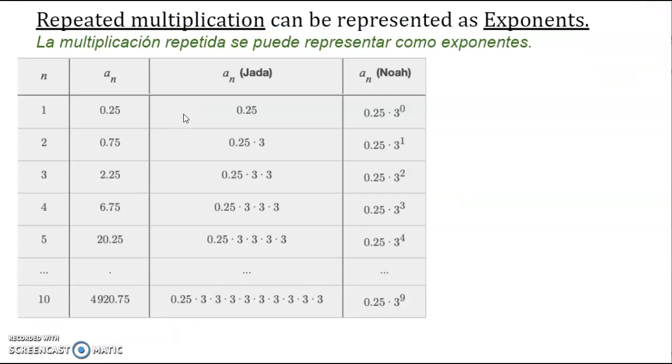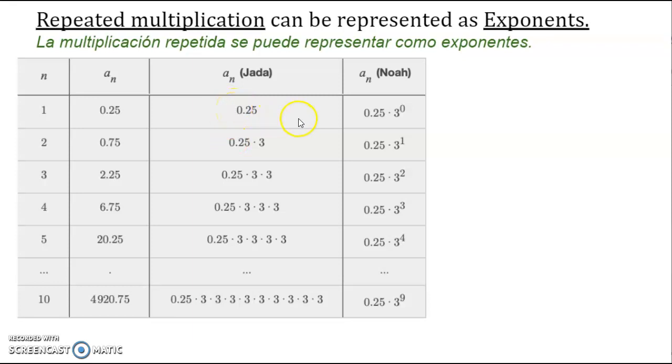Okay, to go back to our decimals activity from last lesson, one of the things that you should have noticed is that with a geometric sequence, what you're doing is multiplying the common ratio over and over again to the original first term.